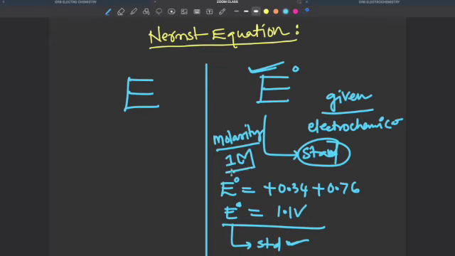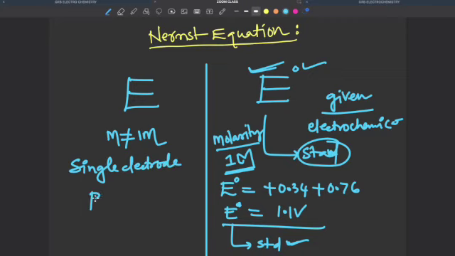It is always 1 molar. That is the E naught value. But if the molarity is other than 1 molar, we call it the single electrode potential. Look, there is a slight difference, you can understand it.